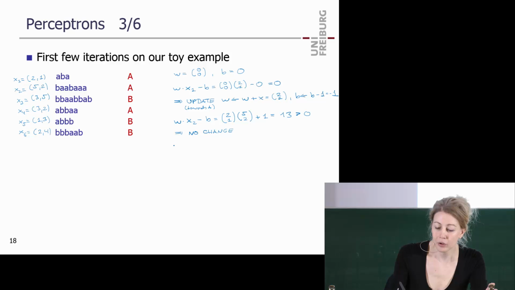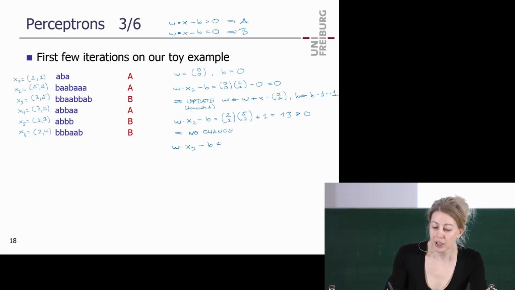Okay, next round. w times x3, the prediction is correct. It's greater than 0. w times x minus b greater than 0 is class A, and w times x minus b less than 0 is class B. This is how we also had it. So now one more round.